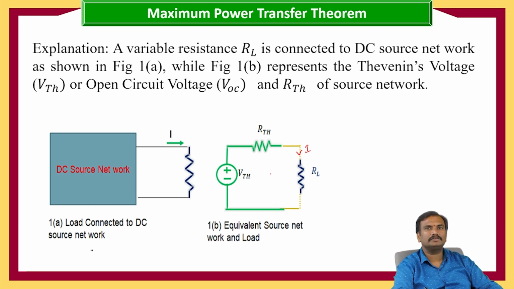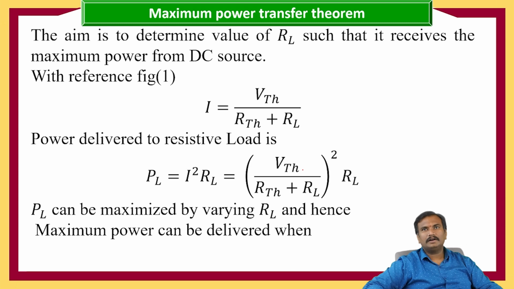So I is equal to VTH by RTH plus RL, where PL is equal to I square into RL, that is equal to VTH by RTH plus RL whole square into RL.